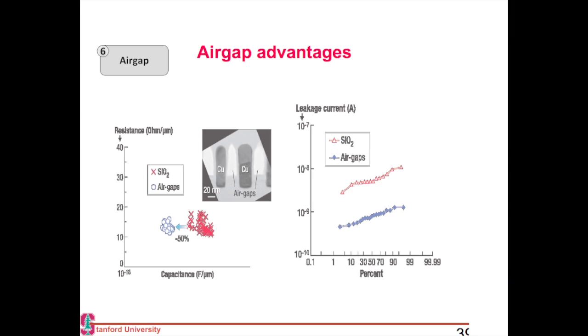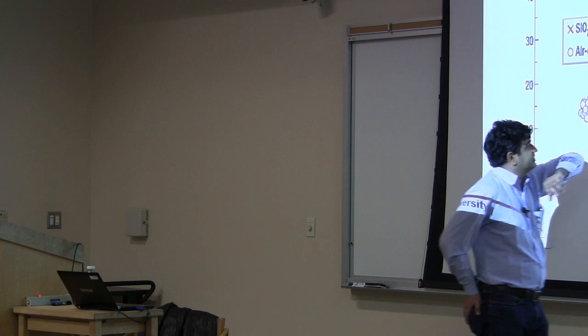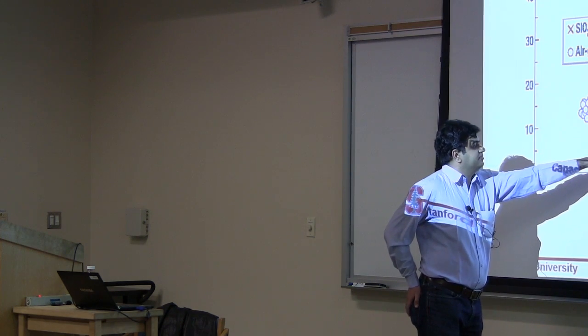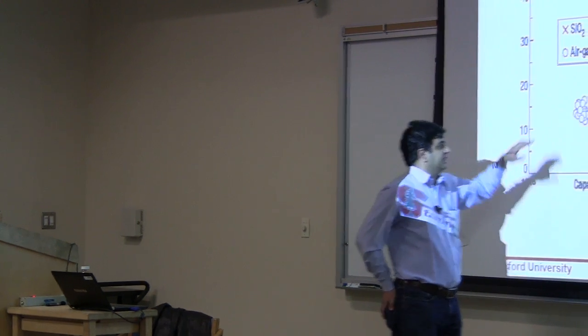That is air gap. Air gap is essentially a way to reduce the capacitive coupling between two adjacent metal lines. Shown here is an air gap introduced between two copper lines in an interconnect, and it reduces my capacitance by half at the same resistance.